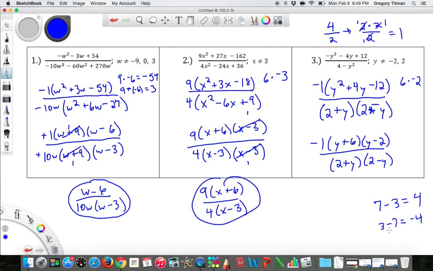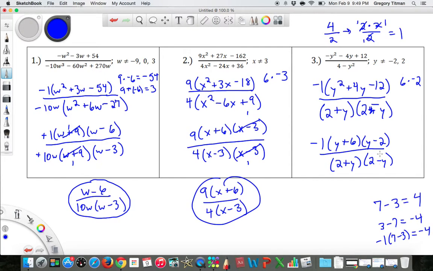Another way we think through this, and you've probably learned this in the past, if I have a smaller number minus a larger number, it's really just the larger number minus the smaller number, but it's negative. So instead of doing 3 minus 7, we just know that that's the same thing as 7 minus 3 negated. So 7 minus 3 is 4, it's just going to be the opposite, -4.